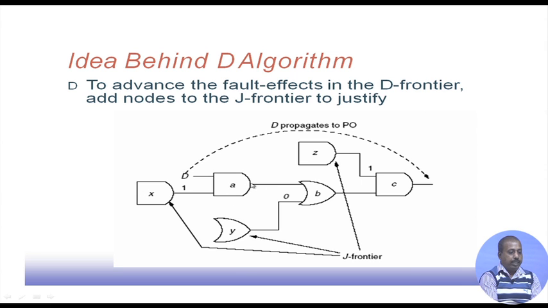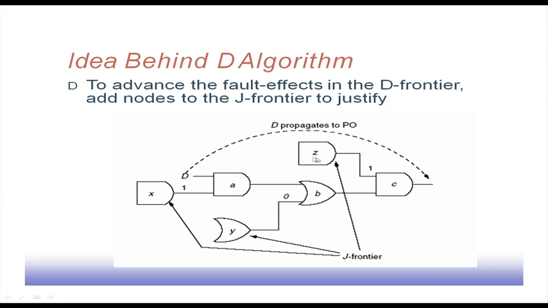Similarly, once you are at this point, you see that this is the situation where this B has to be set to 0, this input has to be set to 0, because I want to propagate this D through this. So this particular gate, its output is specified, but the input is not, so this is forming a J frontier.